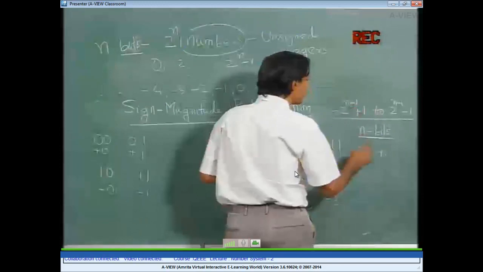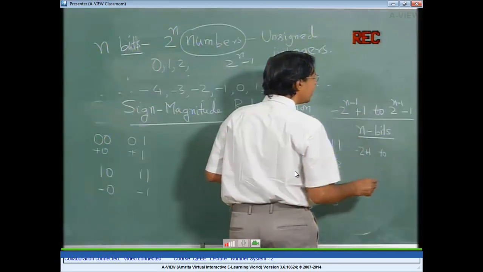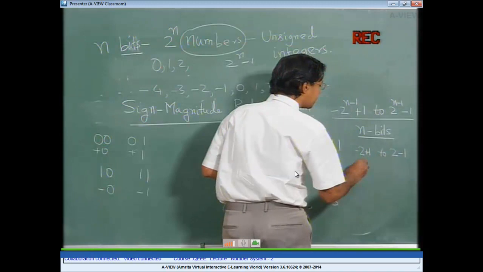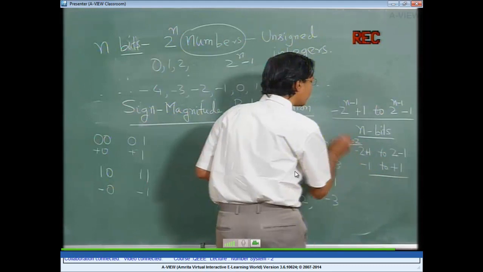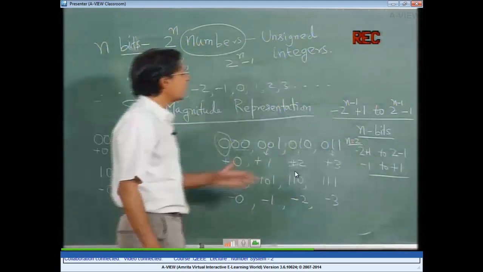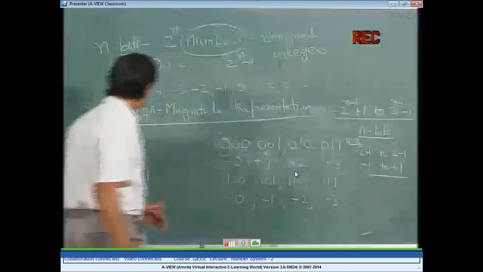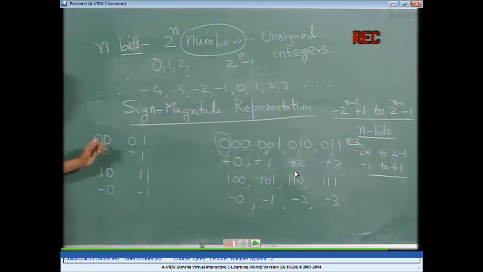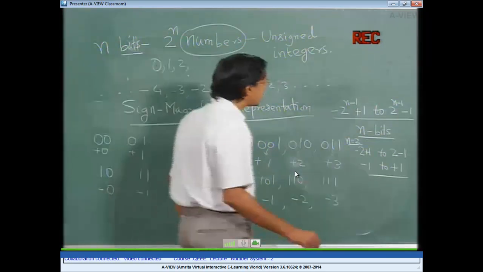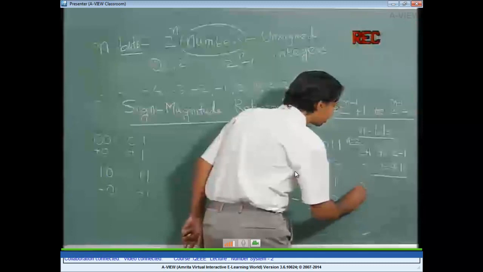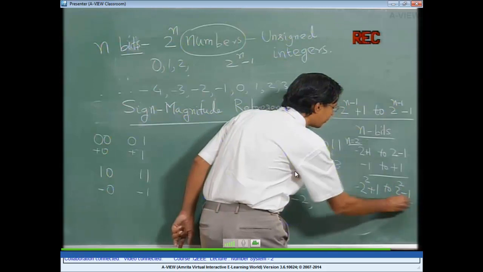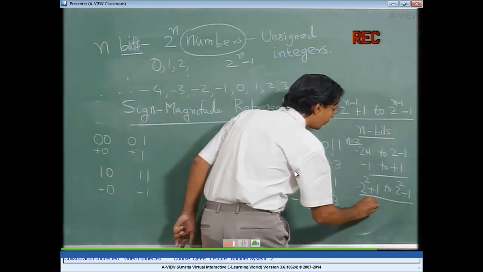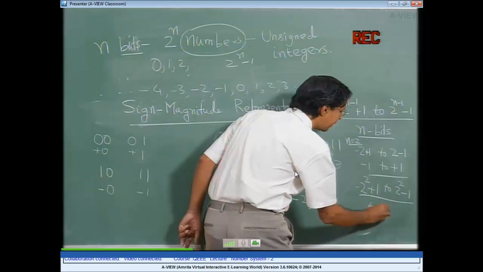If I put n equal to 2 here, it will be minus 2 plus 1 to 2 minus 1, which is minus 1 to plus 1, which is what you see here. If I have 2 bits, I can represent from minus 1 to plus 1. If I have 3 bits, then I can represent from minus 2 power 2 plus 1 to 2 power 2 minus 1, which is nothing but minus 3 to plus 3.